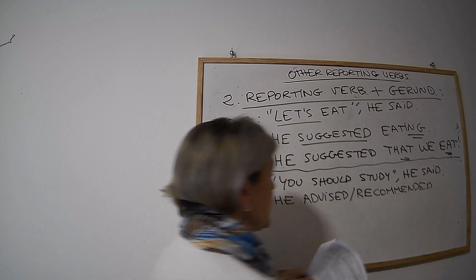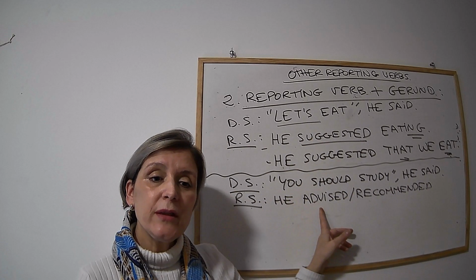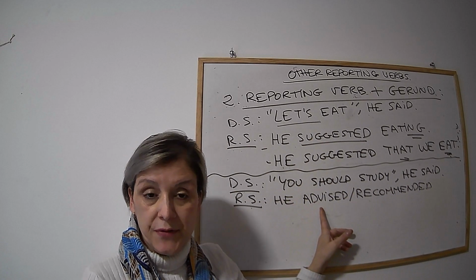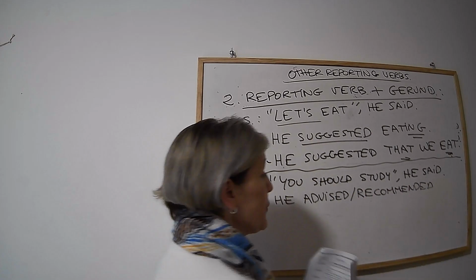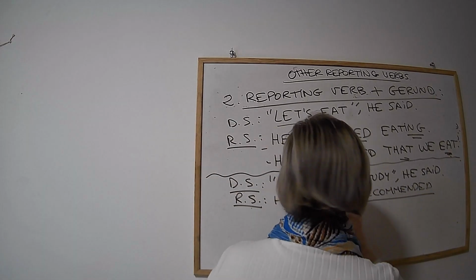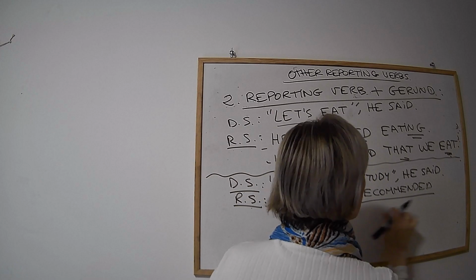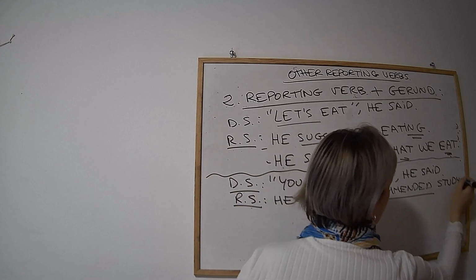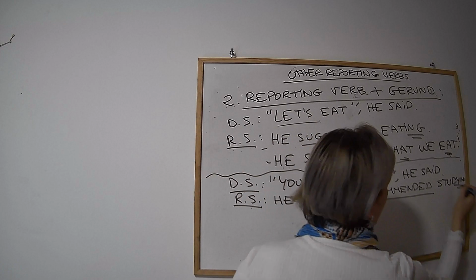The difference is that if we use advised, we need to use the structure to advise to do something, to plus infinitive. But with recommended, we use gerund. He recommended studying. Studying with ing.